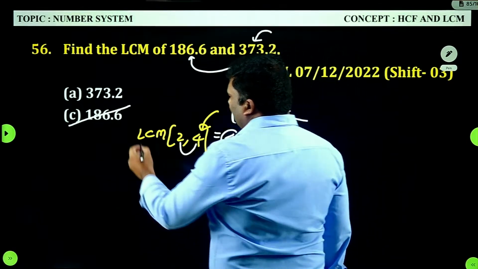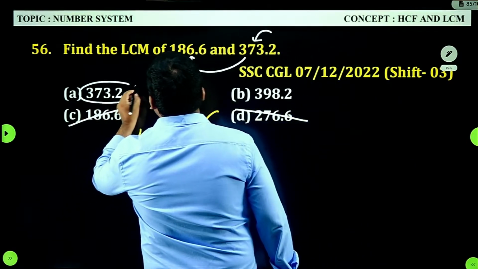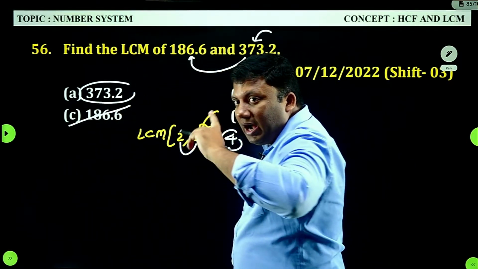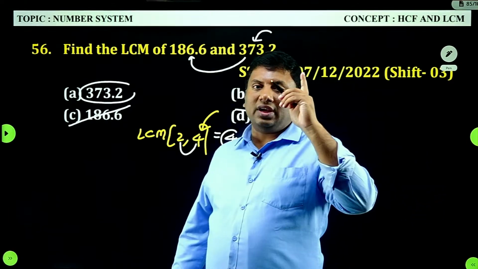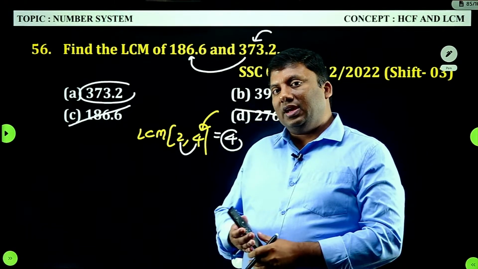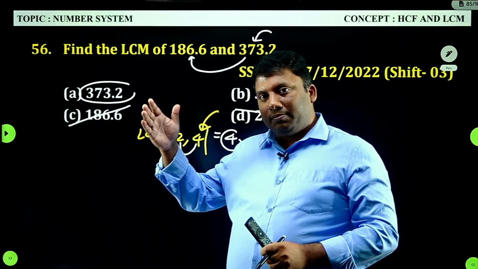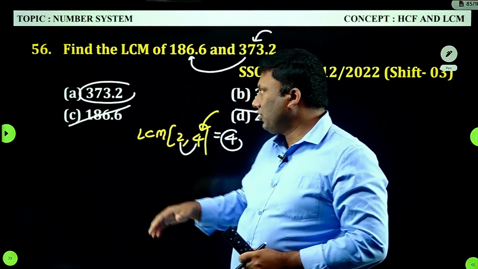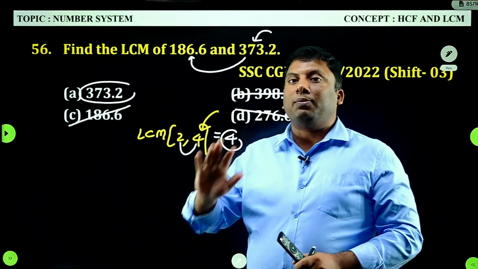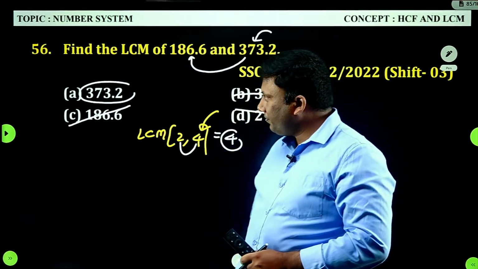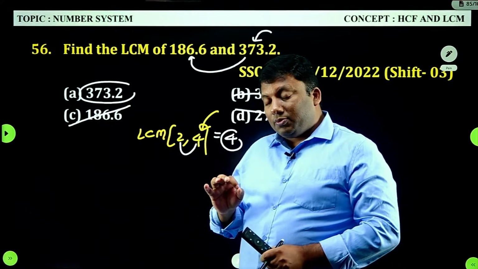So the answer will be either 373.2 or the multiples of 373.2. Whenever you are doing LCM, the answer will be either the largest number or its multiples. 398.2 will not be a multiple of 373.2. Are you all with me?